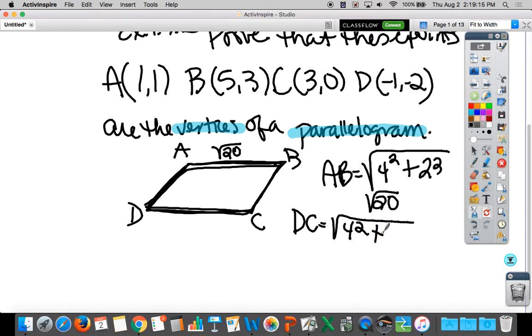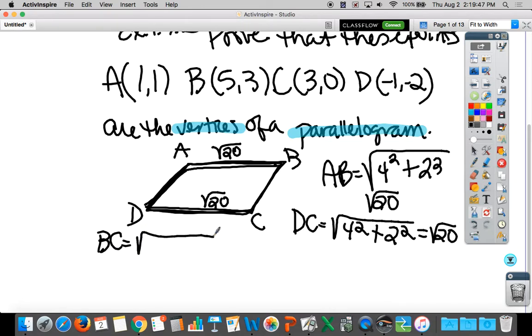But the distance is 2. 4 squared plus 2 squared, again, I get the square root of 20. Now that's great, but that doesn't prove that that's a parallelogram. Because I can have lines of equidistance, but it's not a parallelogram. Okay? So, I have to find the distance BC.